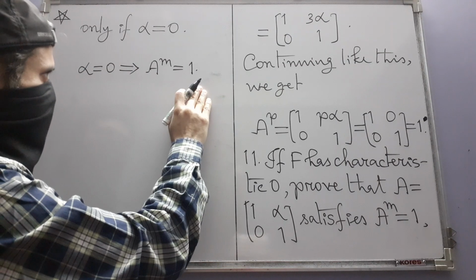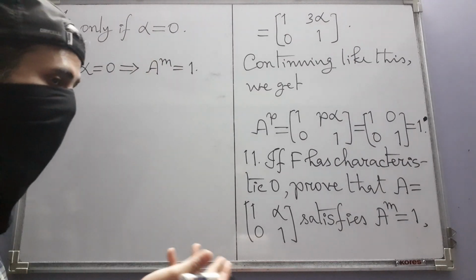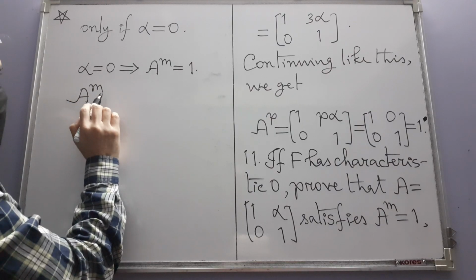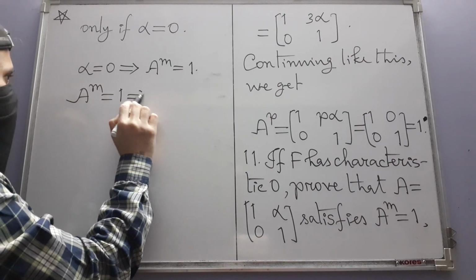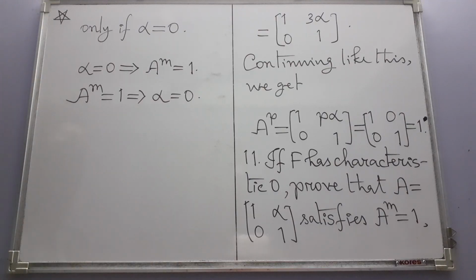That would be the implication if we had if here, but we have only if. It's the other implication. That is, if this is true, then we have to prove that alpha is equal to 0. This is what we have to prove here.